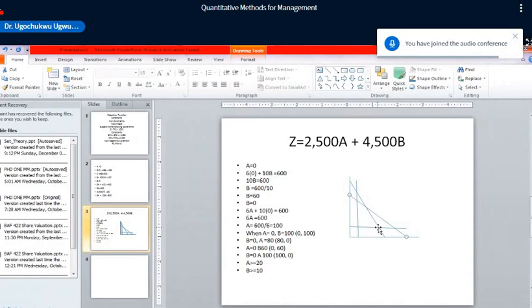So that we compute these 4 categories. Already we are not computing anything at this point, because we already know that A is 20 and B is 10 at this point. So we will need to compute this point here and this point here, and substitute them in this equation and see the one that will give us the maximum profit.